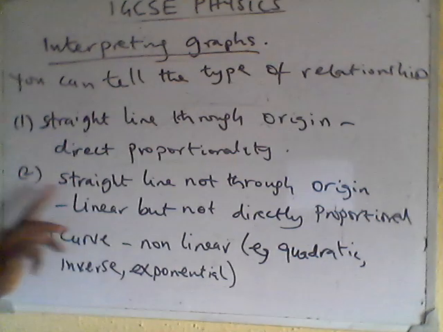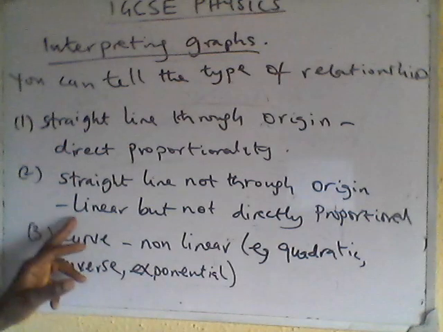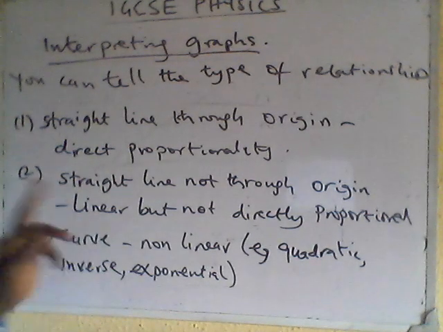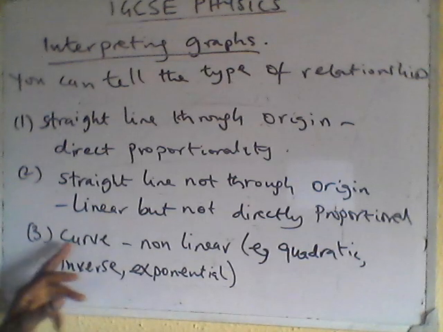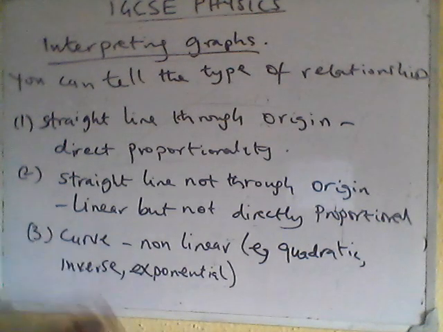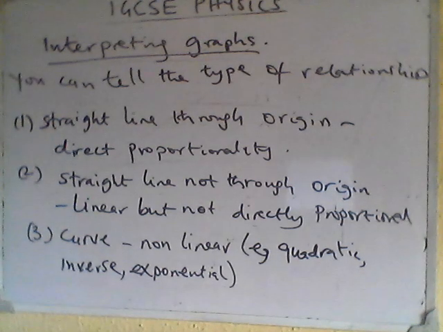If you see a straight line, but not through the origin, it's linear but not directly proportional. And if you see a curve, it's known as non-linear. Examples of a curve are quadratic, inverse, or exponential. So this is really handy when it comes to interpretation of graphs.